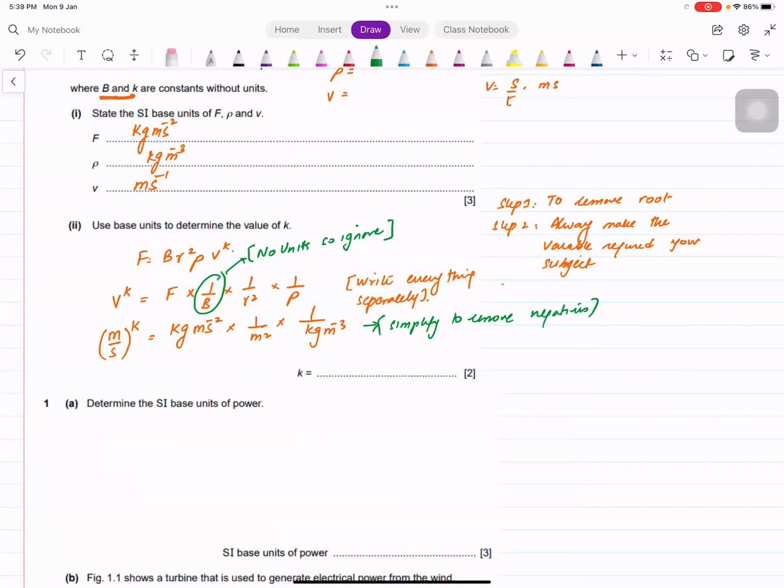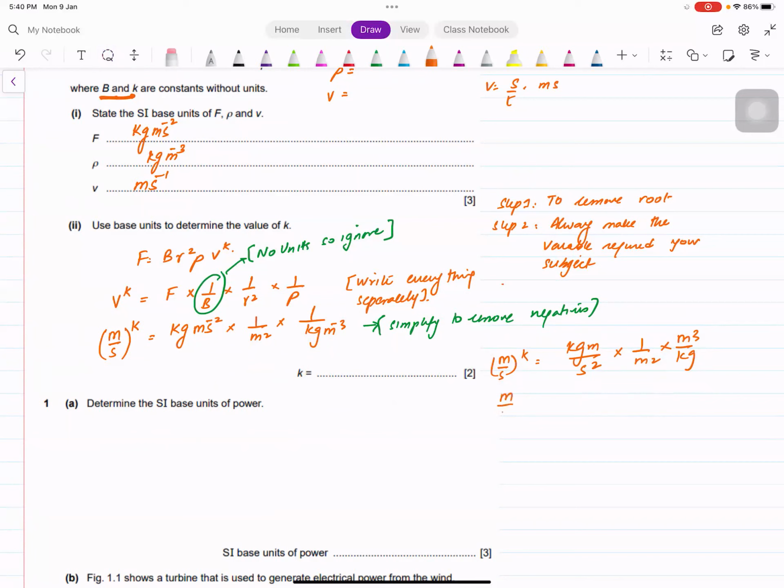So now you say m over s to the power k equals kg meter over second square. Just remove everything that has a negative sign. Meter cube will go up. So meter cube over kg, right? Okay, let me move it to the other side. Let me move it here so we can solve it easily.